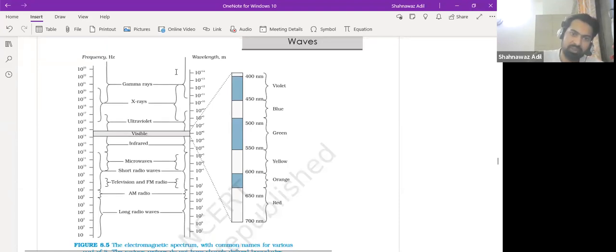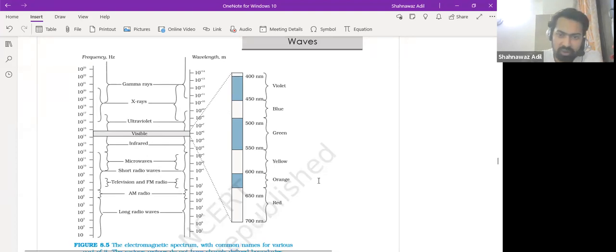The smallest wavelength is gamma rays and the highest wavelength is radio waves. In between we have X-rays, ultraviolet, visible, which is 400 to 700, and then infrared, microwave, short radio waves. All these different waves have different purposes.